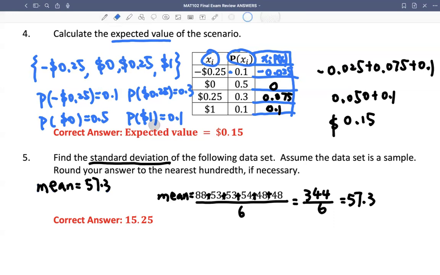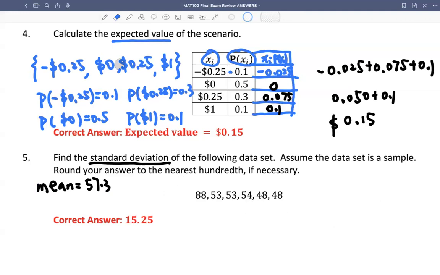Now let's erase. So first step, find the mean value. Now we want to subtract the mean from each data value, so subtract 57.3 from each one. 88 minus 57.3, we get 30.7.